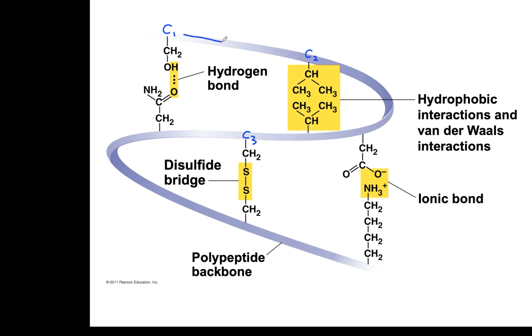Therefore, this should have nitrogen and a double bond with carbon of the second amino acid, and we call this a peptide bond. There should be a peptide bond between the second amino acid and third amino acid.